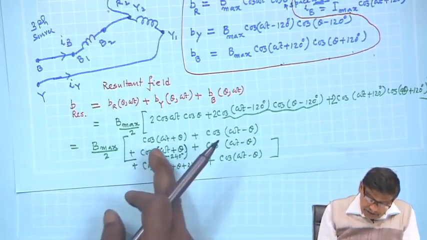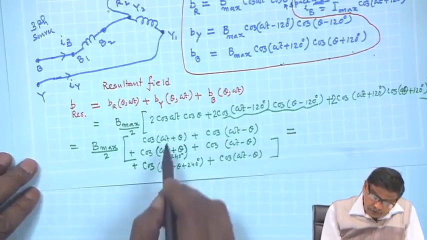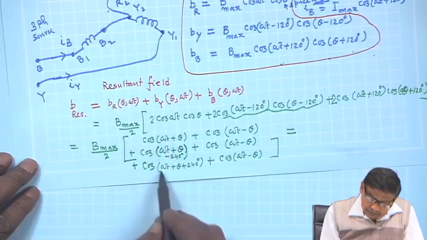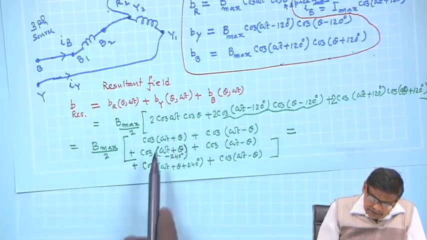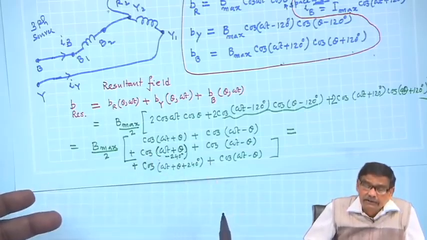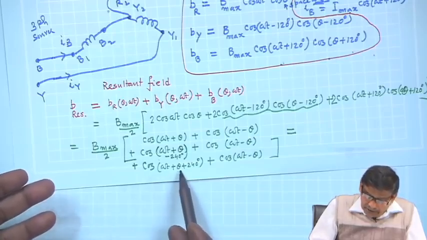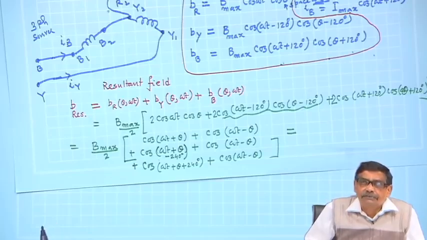Now, why I have written in this fashion is simply because if you look at the terms in the first column, it is cosine omega t plus theta, this is cosine omega t plus theta minus 240 degree, okay, and this is cosine omega t plus theta plus 240 degree. What will be the sum of all these three terms?